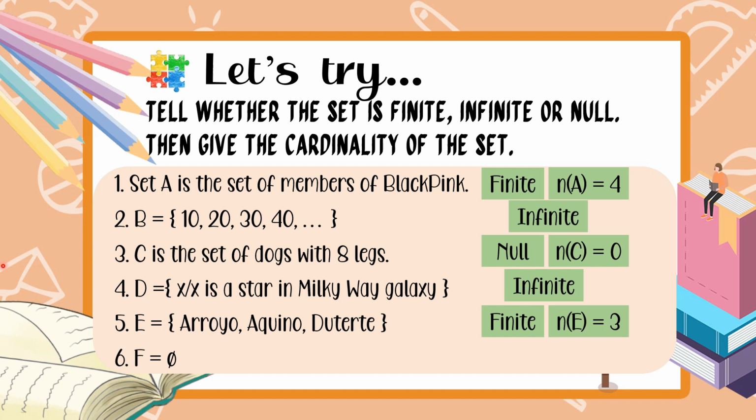Lastly, we have set F. Take a look at this symbol. So what does that symbol mean? What kind of set is this? This one is a null set. Since this is a null set, what is the cardinality of set F? Very good. The cardinality is 0.